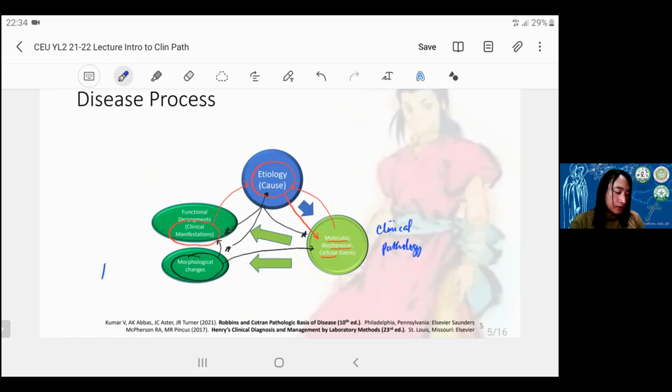Morphological changes would be under anatomic pathology. And the signs and symptoms or clinical manifestations would be the clinical specialties. So this is IM, pediatrics, surgery, and all the other clinical specialties.